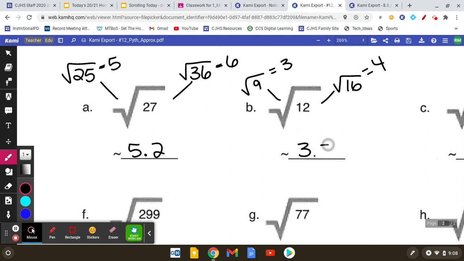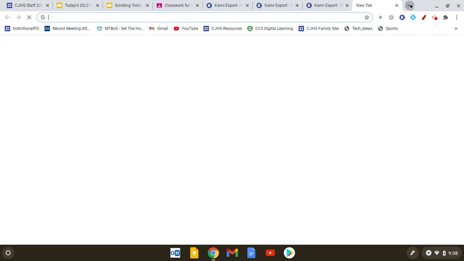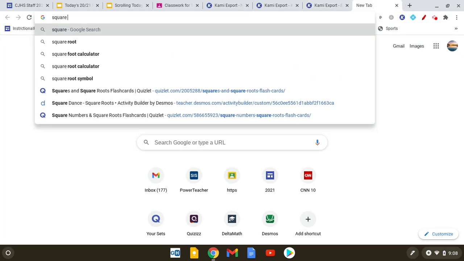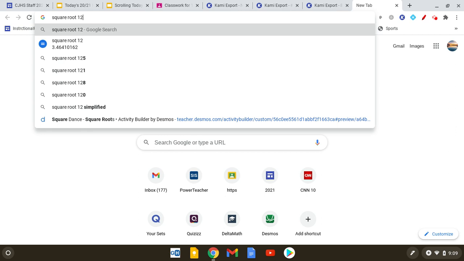So let's just go 3.5. We could always check it in the calculator, but I want you guys to be able to think of this mentally. Square root of 12 is about 3.46, which if we round that, would be 3.5. So I think that's pretty good.